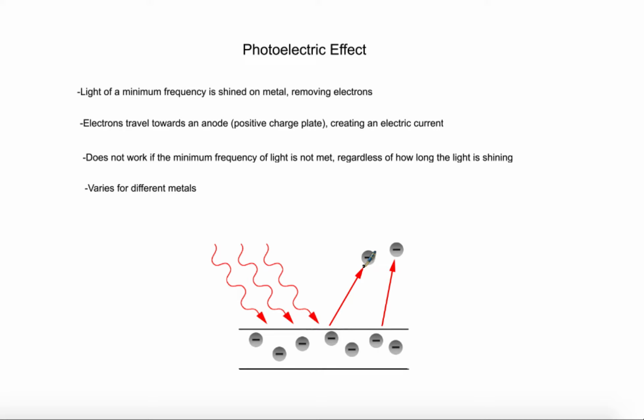These electrons then go to what's called an anode, which is a positively charged plate. It creates an electrical current, and then that can be used for whatever it is. It is actually how our remotes work. And it doesn't really matter how long the light is shining for. If it doesn't have a minimum frequency, then it's not going to work.